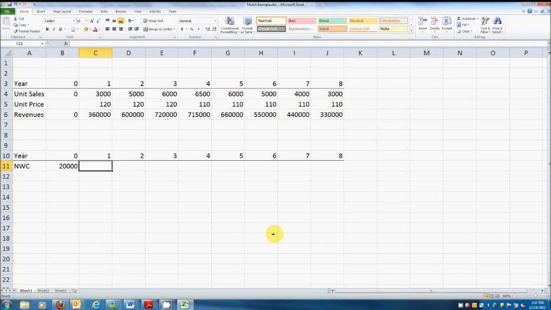And so what I'm going to do is say equal to 0.15 times, and I'm going to select, when they say sales they mean revenues, multiply by revenues. And so we see that we can drag that all the way over, and now we have our net working capital all the way to the end.